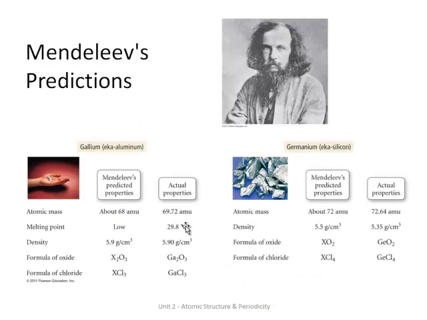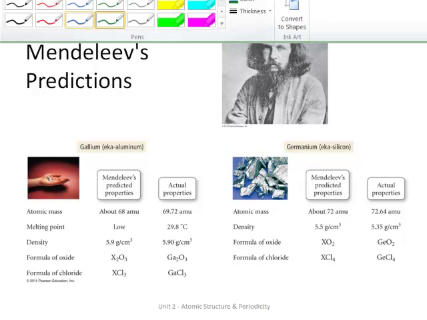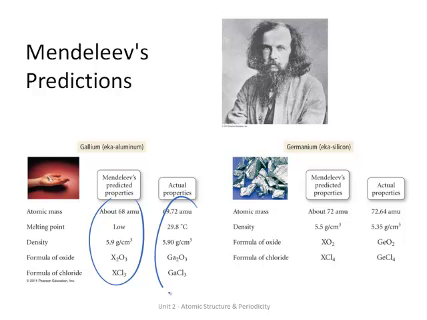So we're going to look at several different properties of the elements, and we're going to use our information both quantum mechanically and experimentally to determine these properties. Now, Dmitri Mendeleev showed very early on that he was able to predict properties of specific elements, such as melting point or density or formulas, to a great approximation of the actual properties.